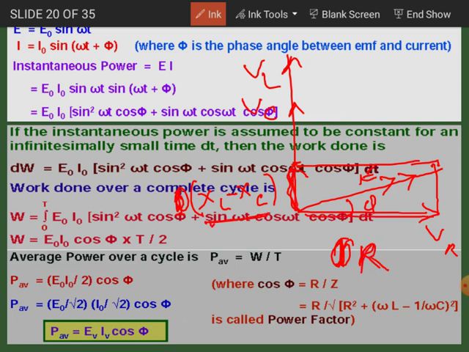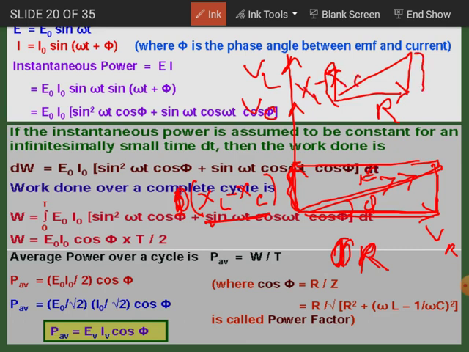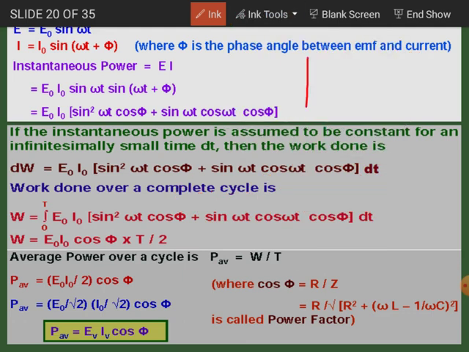XL minus XC. So from this right triangle, let me redraw it here like this. This is your VL minus VC, this is your VR. So instead of VL minus VC and VR, if we represent this by the resistance R, and this part by XL minus XC, then this part will also be what? XL minus XC, right? So we call this the impedance triangle.